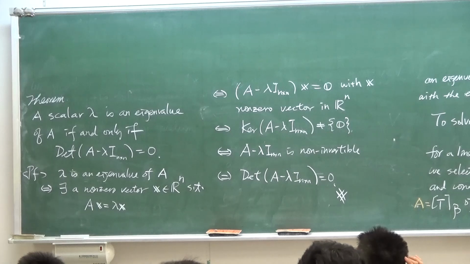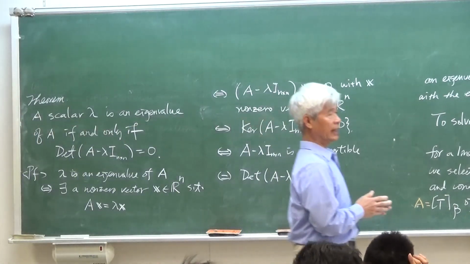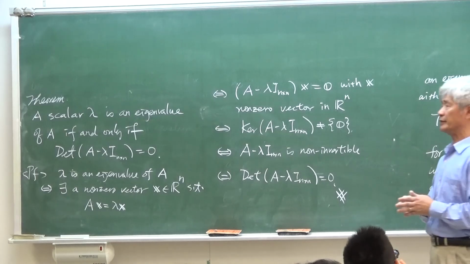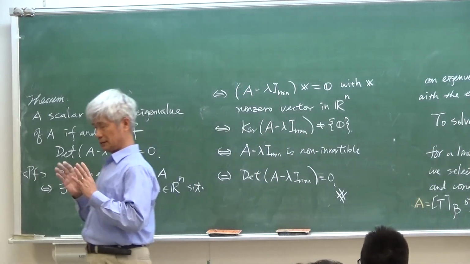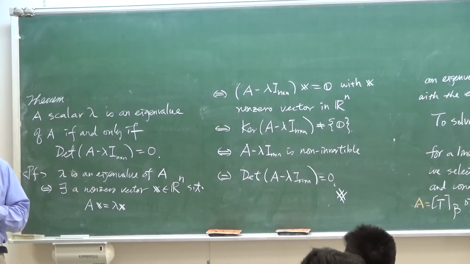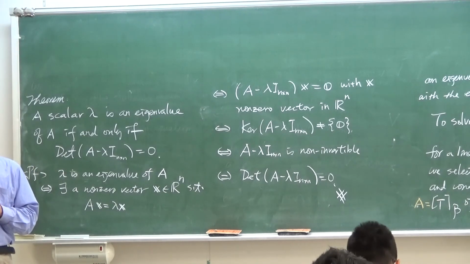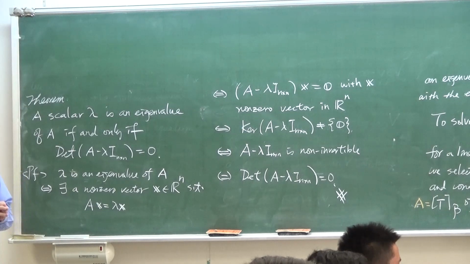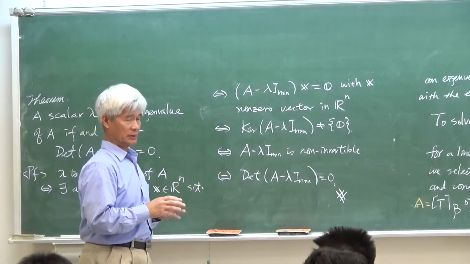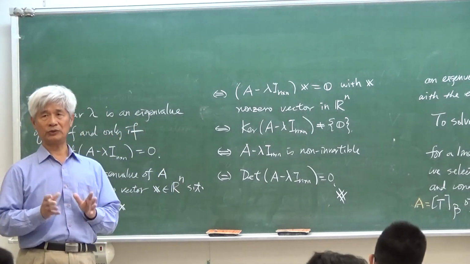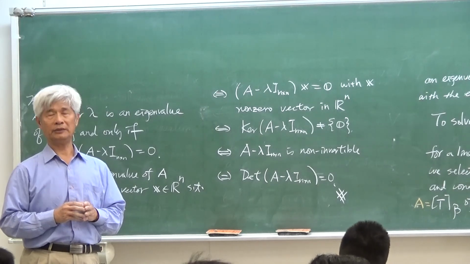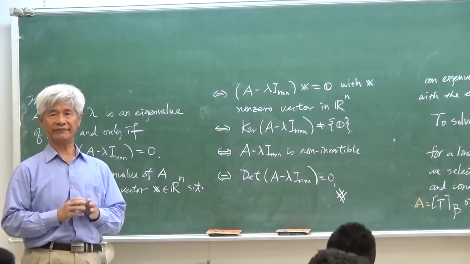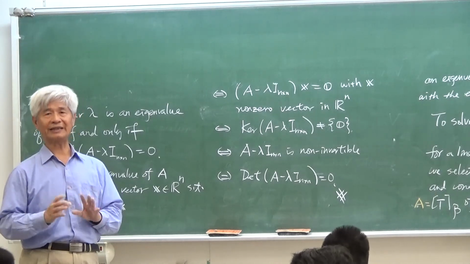So today I started a story about eigensystems. The purpose of considering the eigenequations is that we want to find the simplest matrix representation of a linear operator. That is the main purpose for us. To solve the question, we have to solve the eigenequation, which means finding eigenvalues as well as associated eigenvectors.